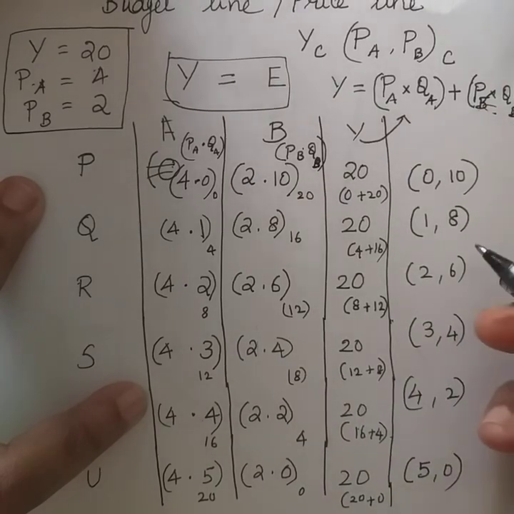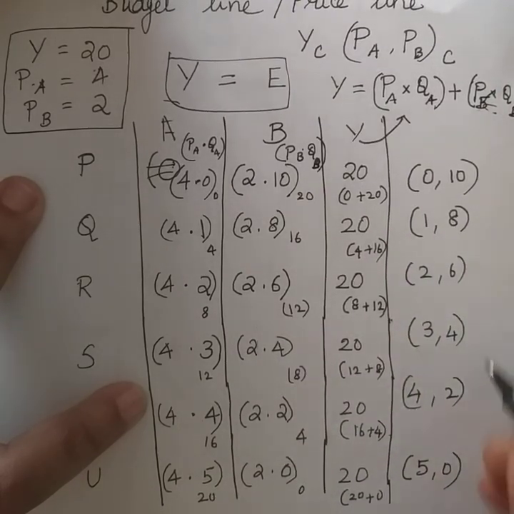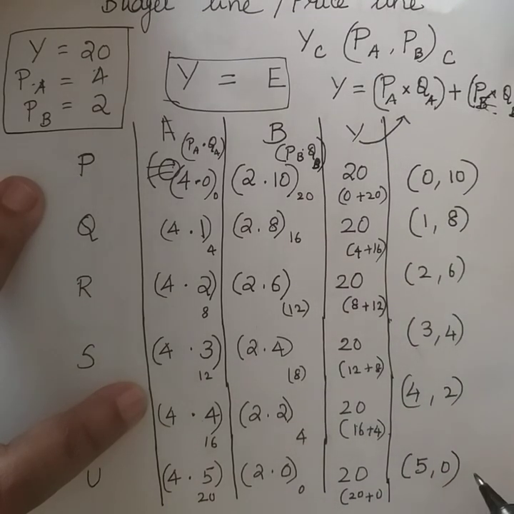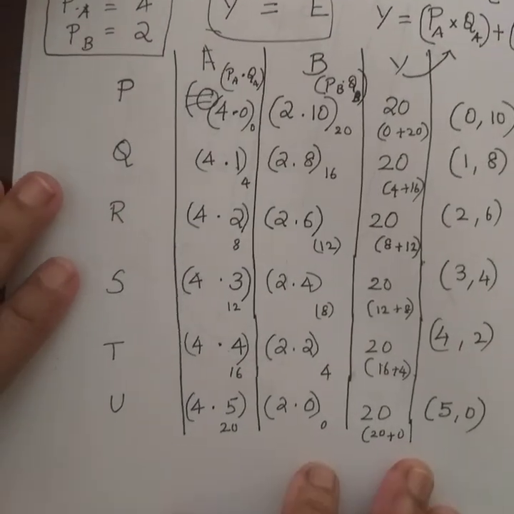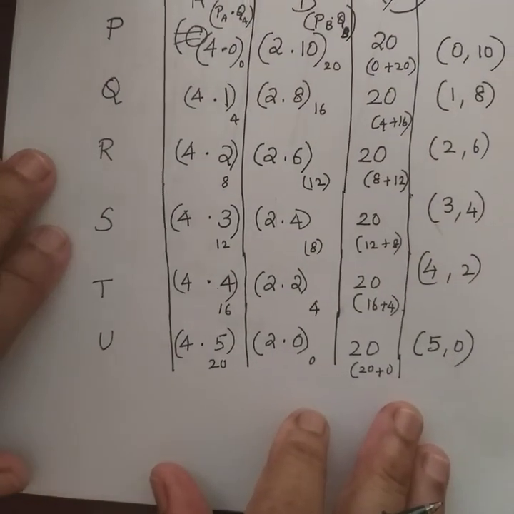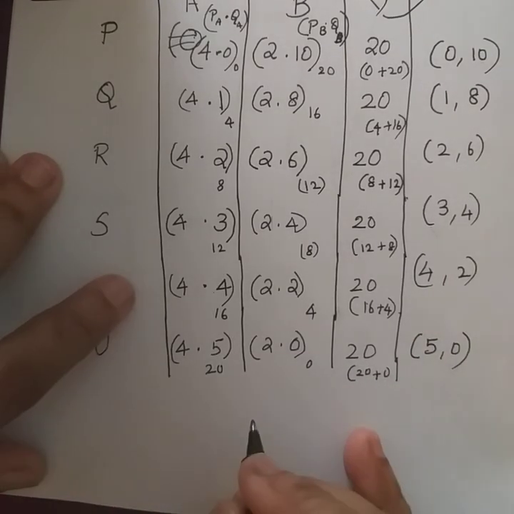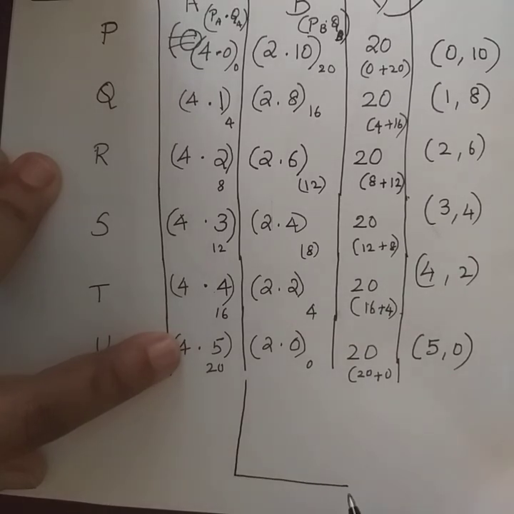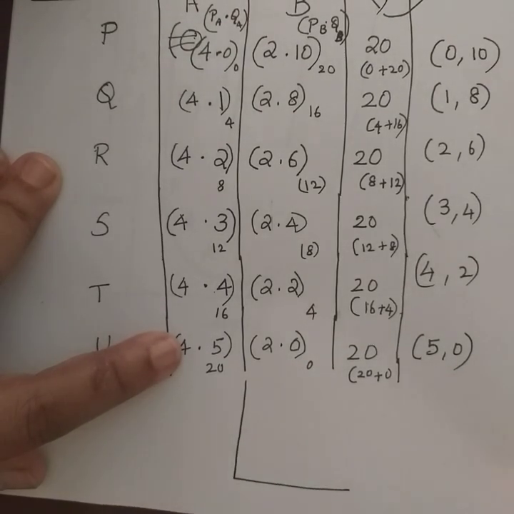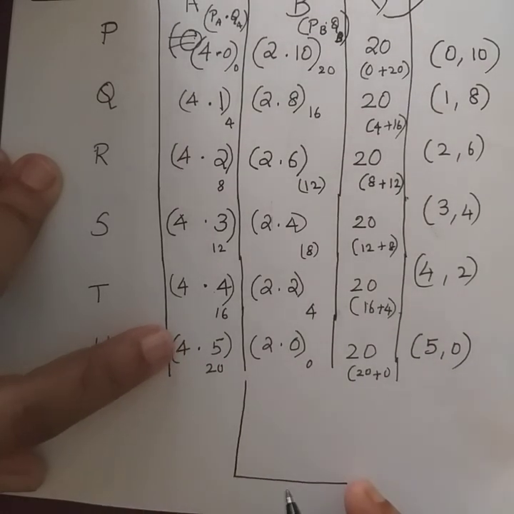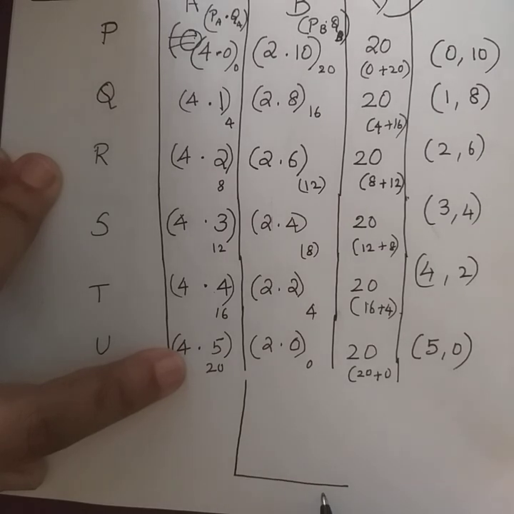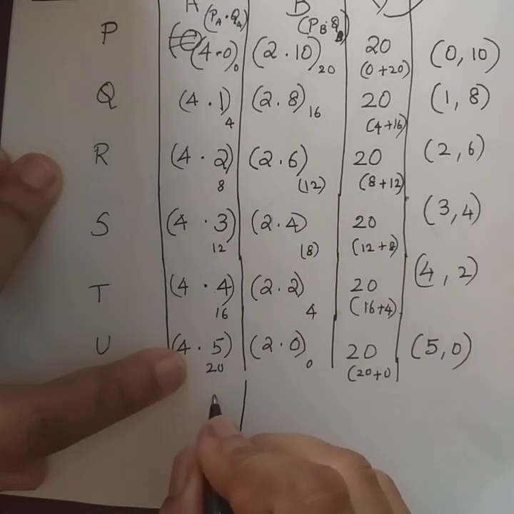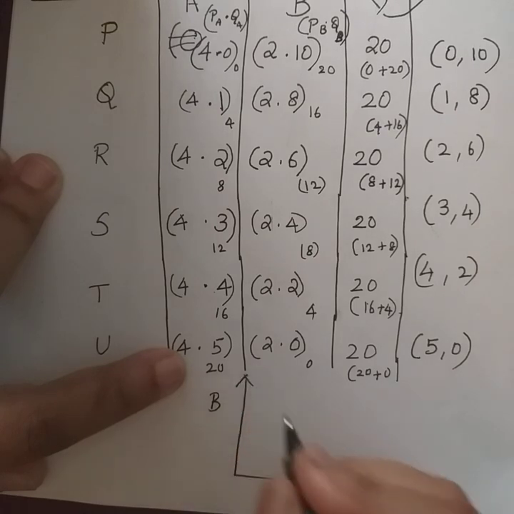Fine. So if these combinations of products A and B are going to be shown through a diagram, that graphical representation is what is the budget line or the price line. Over here, let us say the number of apples are going to be shown here and the number of bananas are going to be shown here.